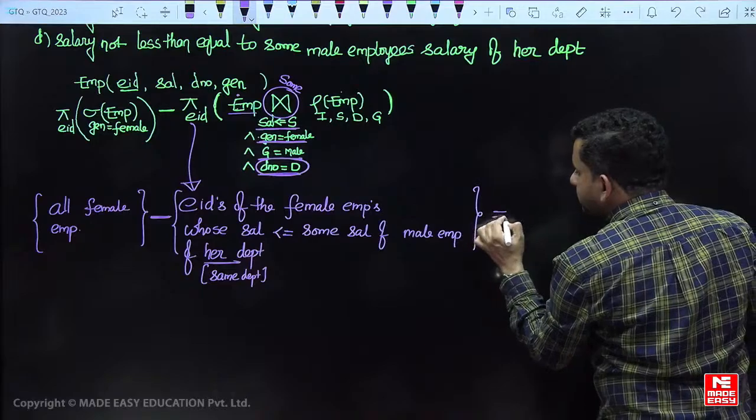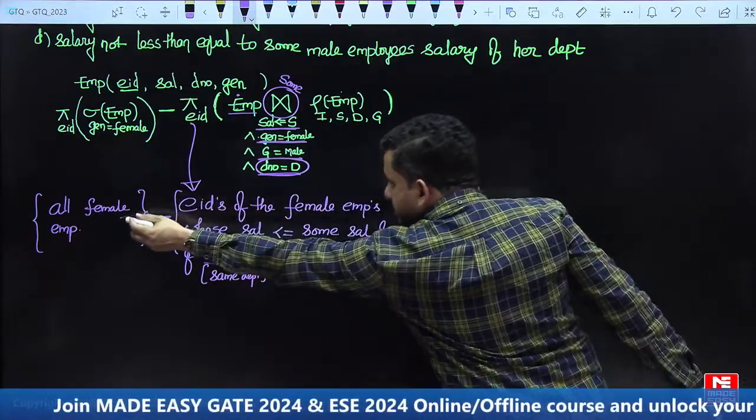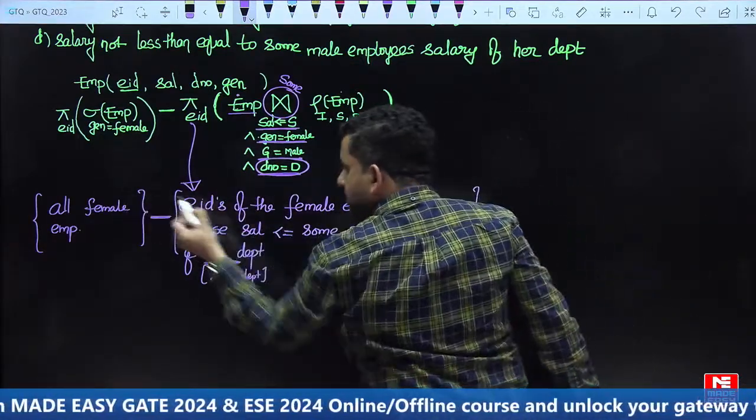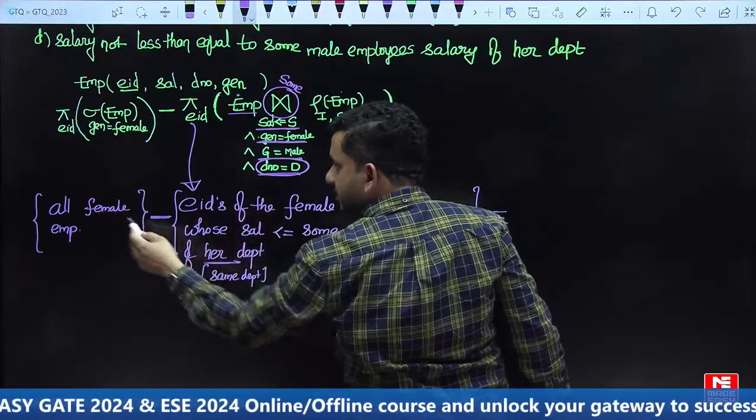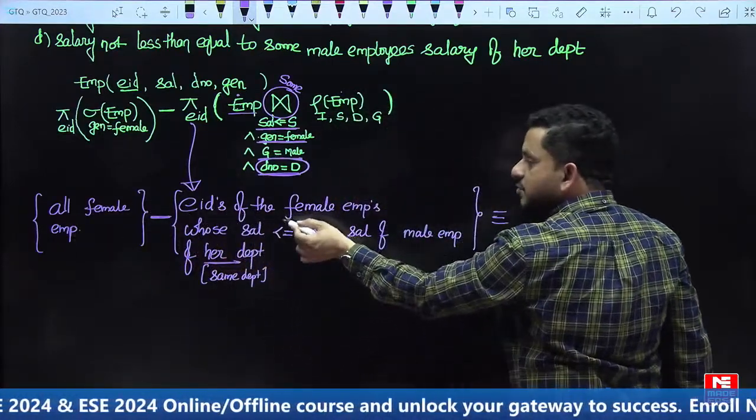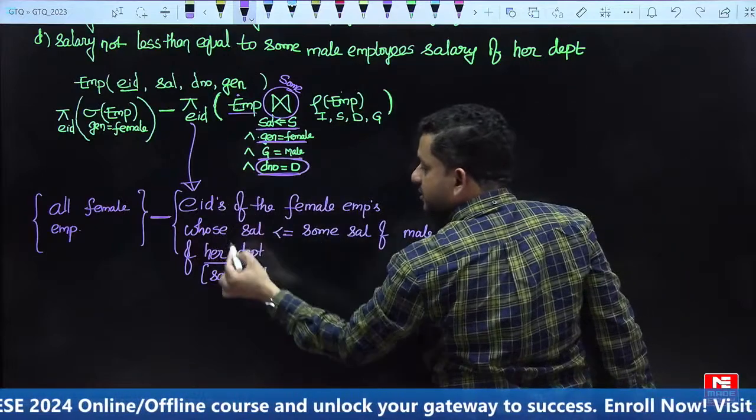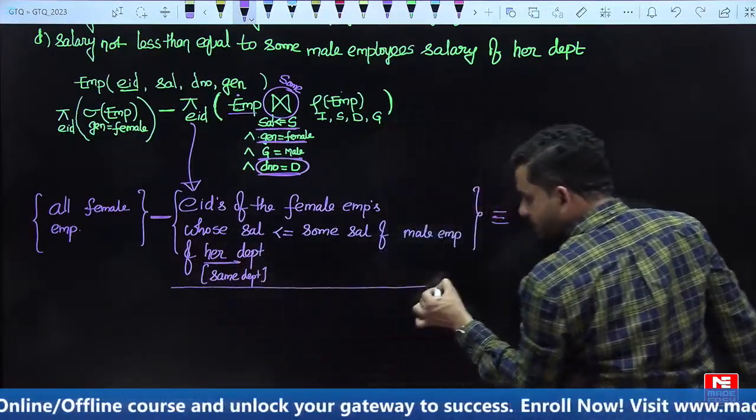The result becomes the complement of this set. This is a bigger set and that is a smaller set; if you subtract the smaller set from the bigger set, the result is the complement.